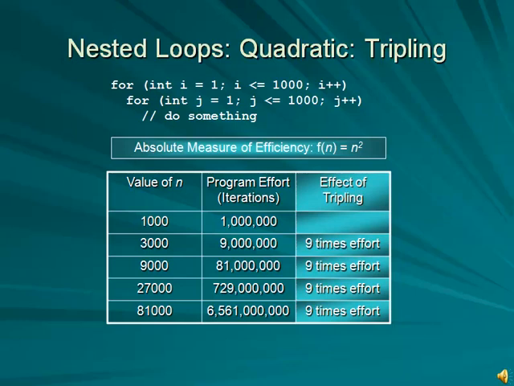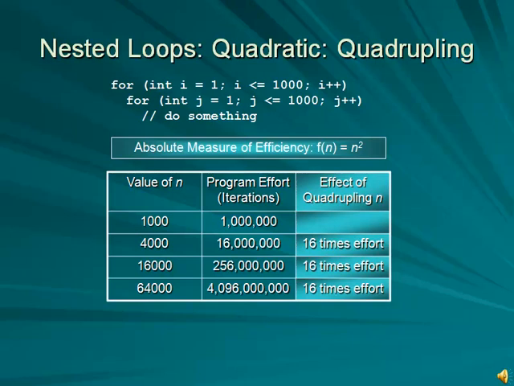Similarly, when we change n from 3,000 to 9,000, that is, we are tripling the value of n, then take a look at the program effort. It changes from 9,000,000 to 81,000,000. We have 9 times the effort when we tripled the value of n. But let's consider what's involved with quadrupling on the next slide.